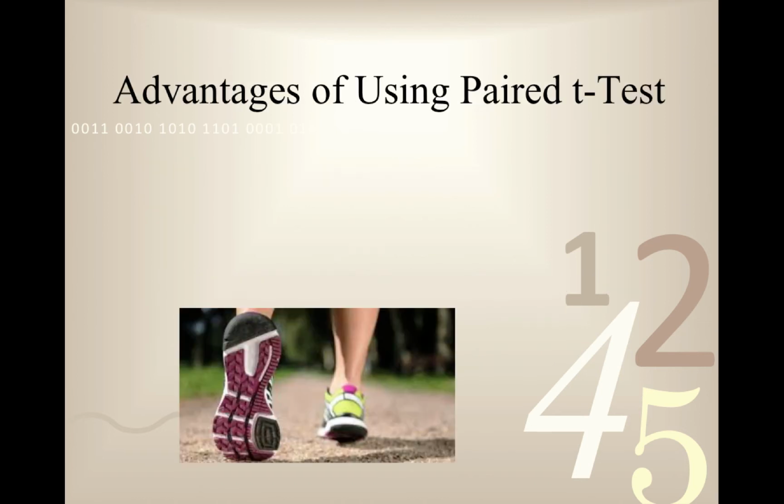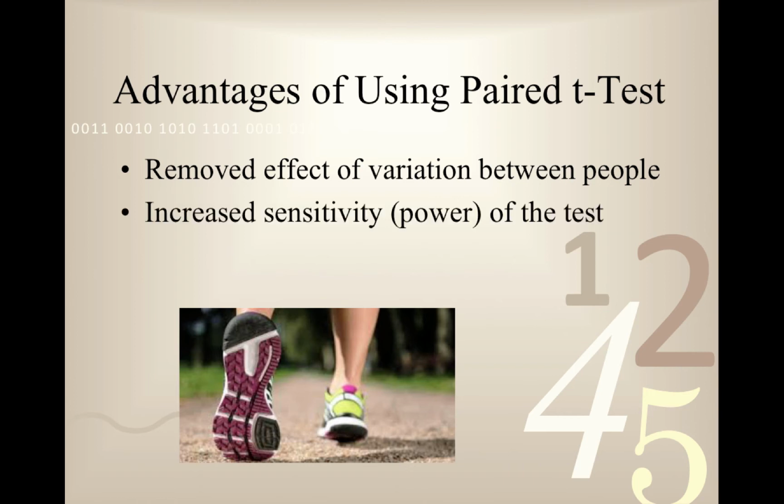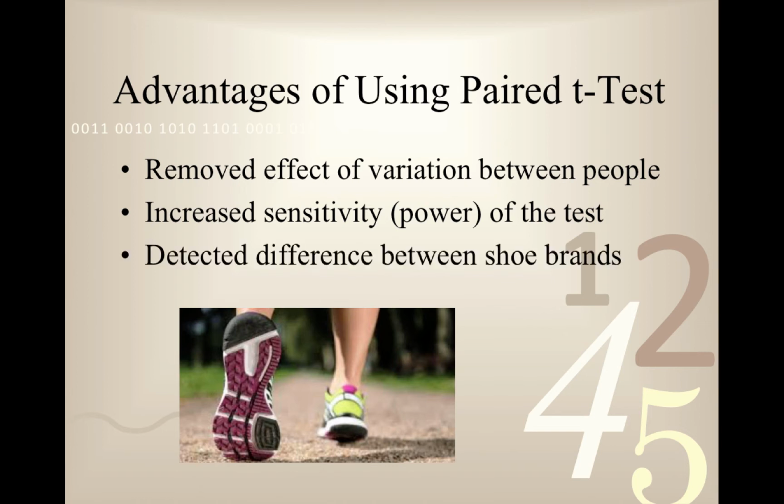So what are the advantages of using a paired t-test? Well, we remove the effect of variation between the people. We increase the sensitivity or power of the test so that we were able to detect a difference. Again, we detected a difference between Nike and Adidas with the paired t-test, whereas before, with just the two independent sample t, we did not detect a difference.